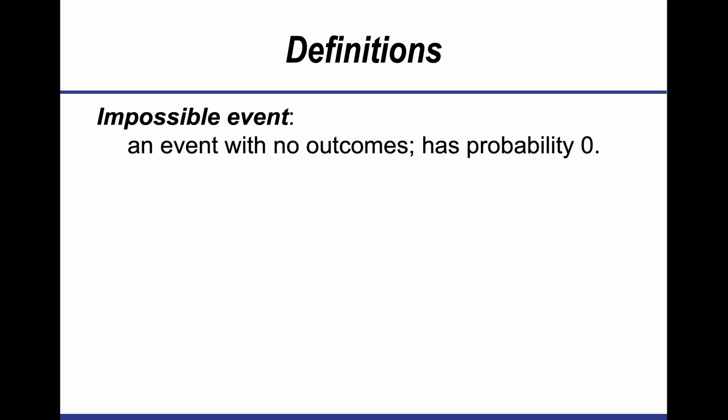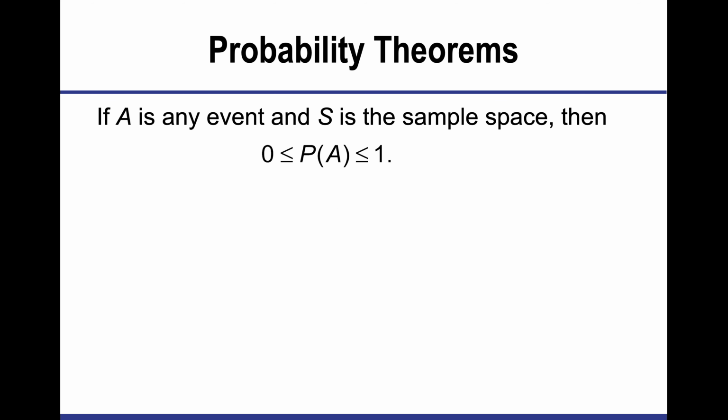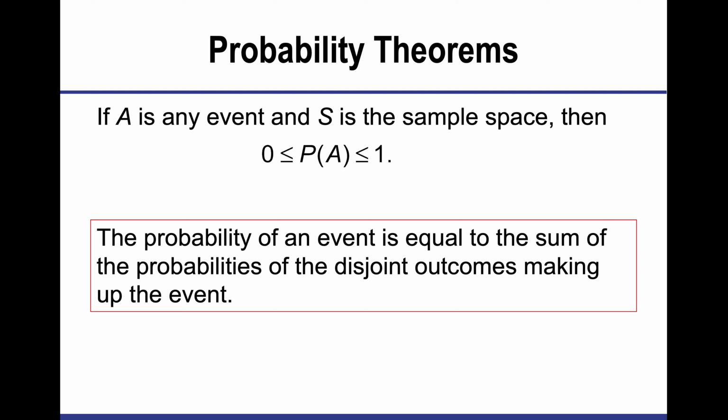An impossible event is an event with no outcomes, which has a probability of 0, like we just saw. A certain event is a category of an event when we have a probability of 1 or 100%, like we also saw with the question asking for how many ways can we draw something that's less than 26. If A is any event and S is the sample space, then the probability has to be between 0 and 1.